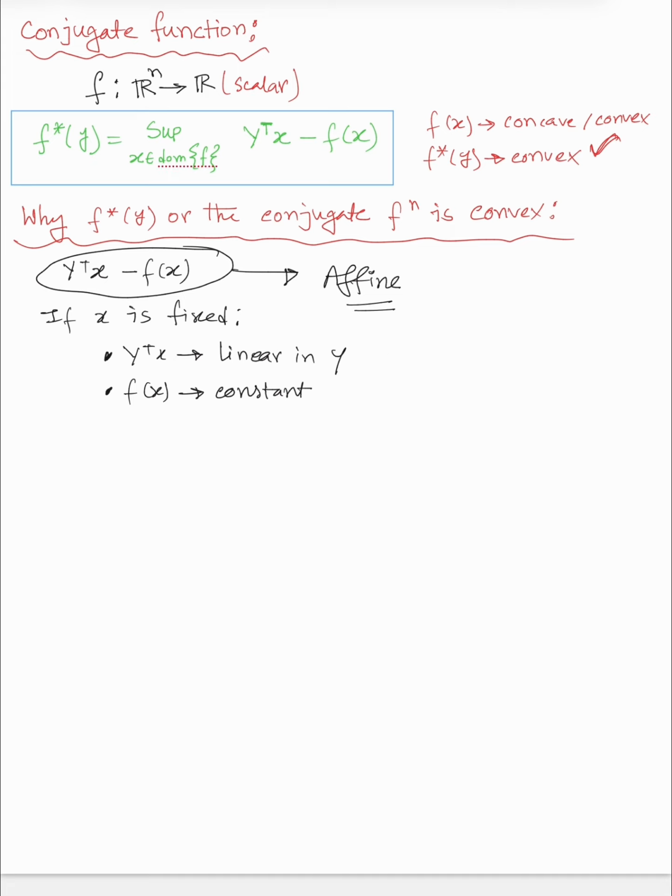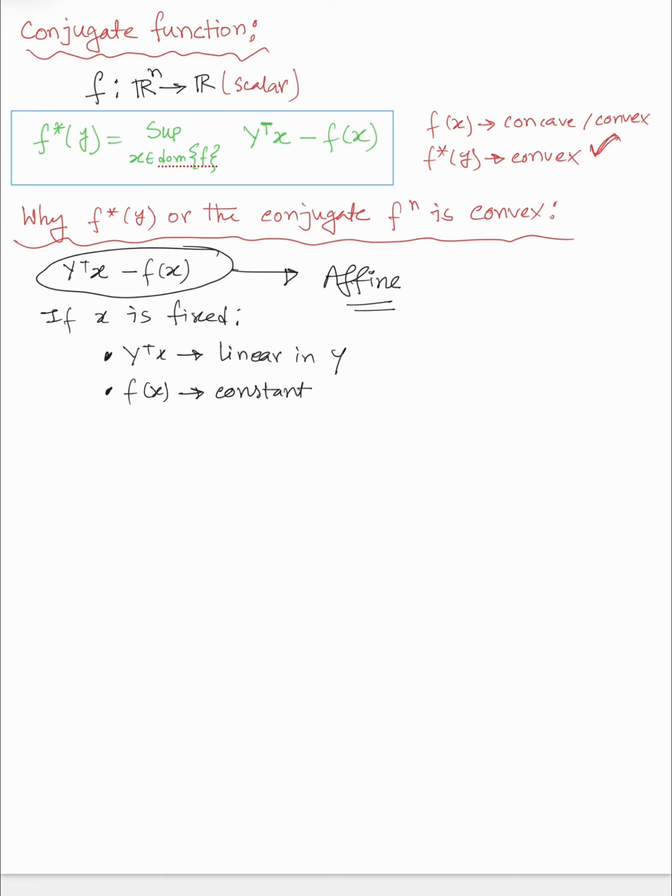Now we know that this portion is affine, and then we're taking a supremum of this. So the supremum is basically whatever value we get here, the maximum of that, if that exists, and if the maximum doesn't exist, that is going to be the lowest upper bound.